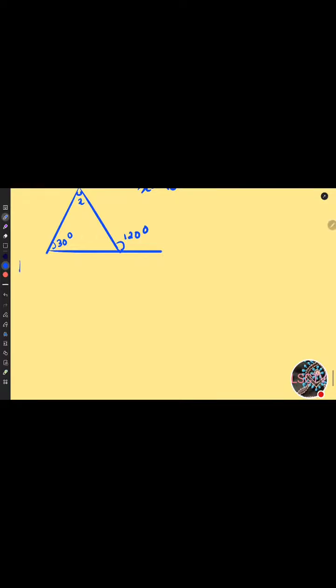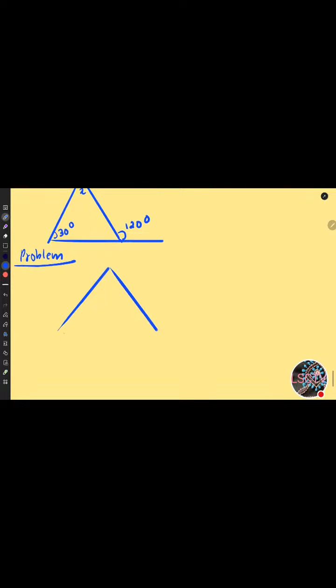Next problem. These two triangles are equal, okay?